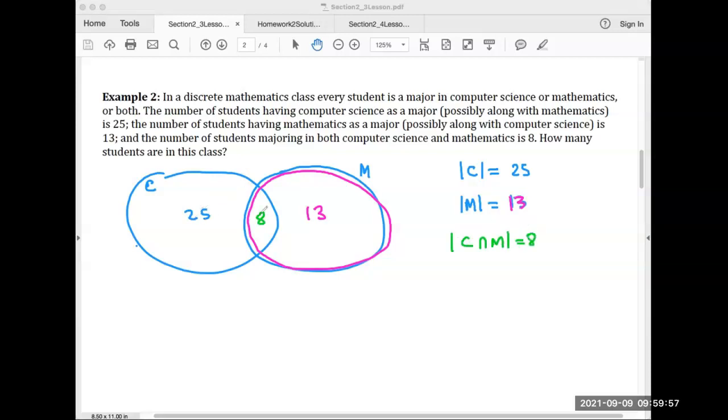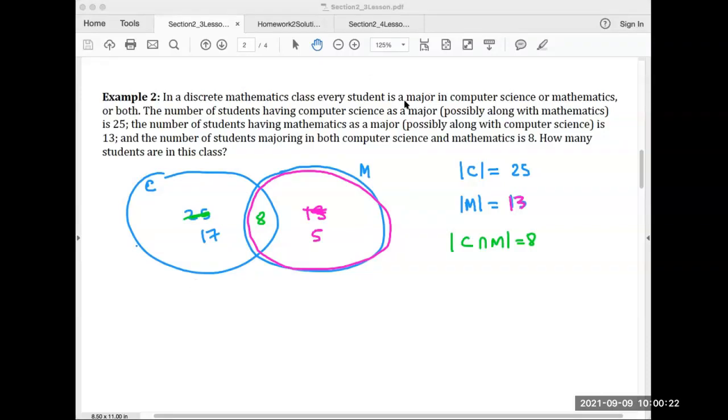Now in the Venn diagram, because there's 8 in common, you want to change this number to add up to 25. So you're going to have 17 plus 8 in the circle is 25. And you want to change the 13. 5 plus 8 is 13. So you want to have a total of 13 and a total of 25. Okay, so that's how you make the Venn diagram.